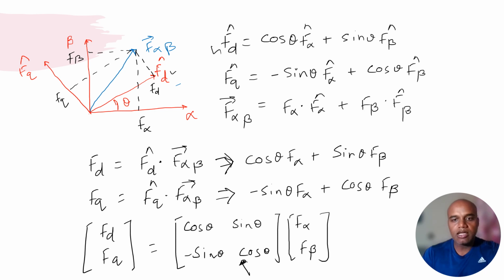Then in the forward mode, I will perform the Park transformation, which will convert it into the DQ rotating frame. Once I have the D and Q values, I can give them to my PI controller, which will act based on the feedback taken from my motor and subsequently generate my control signal.